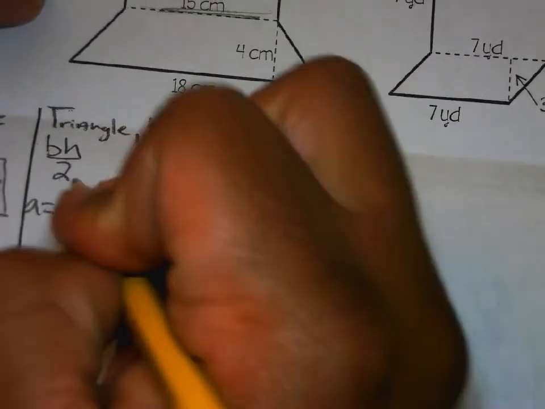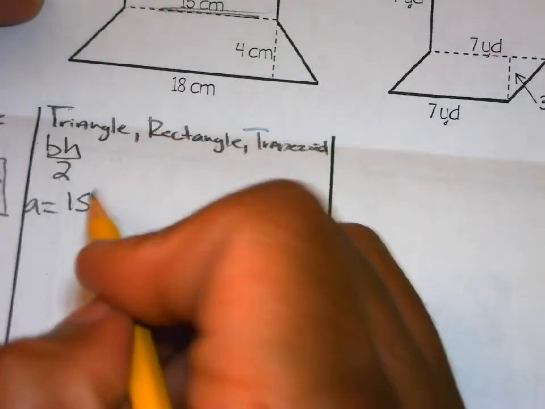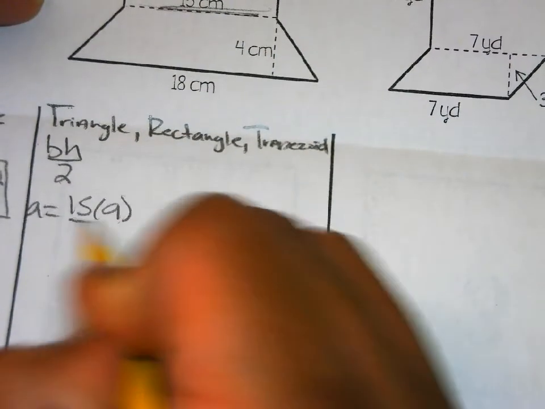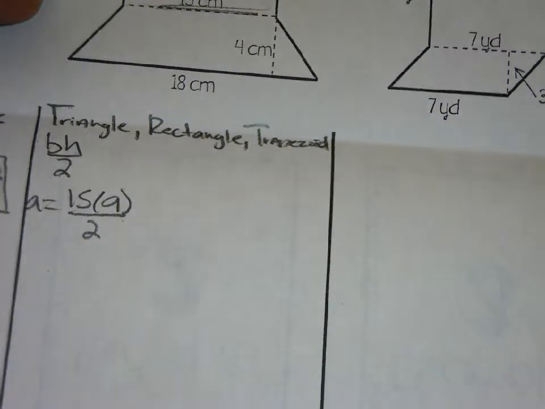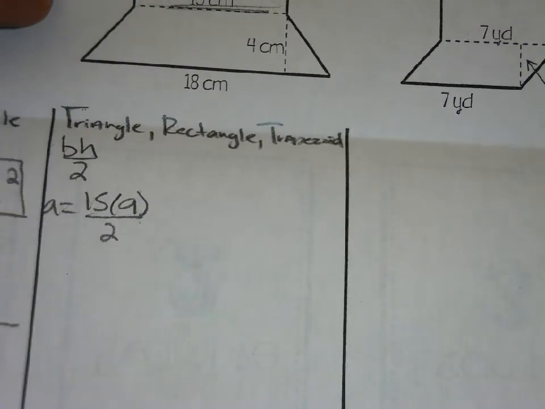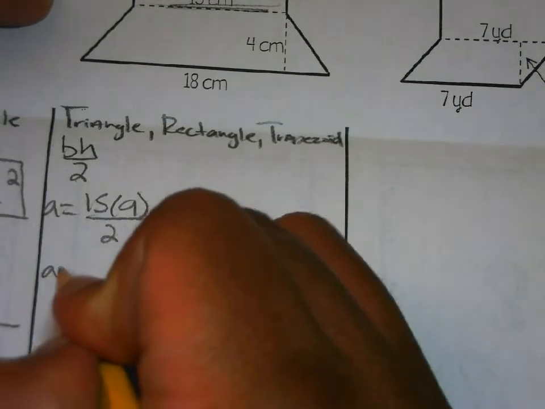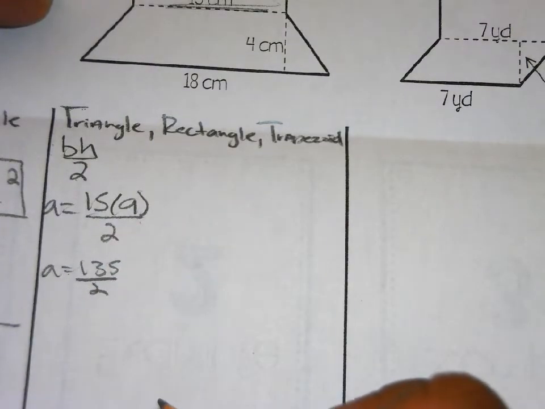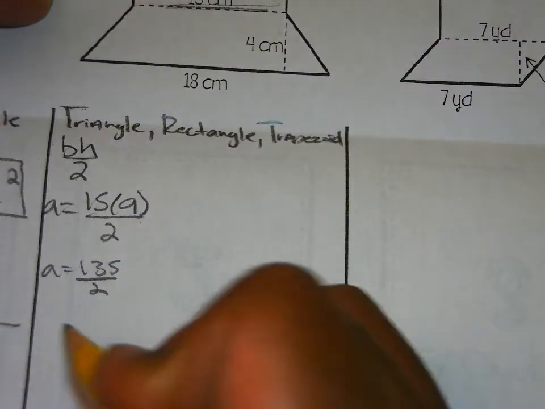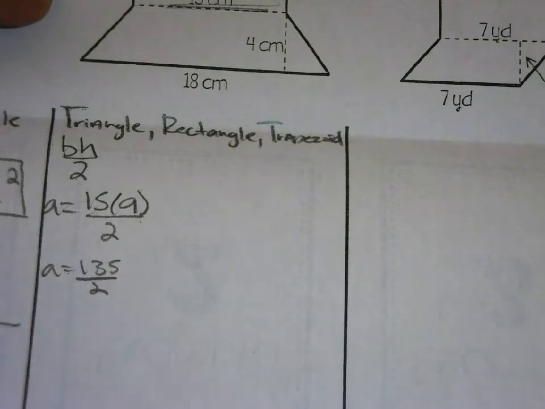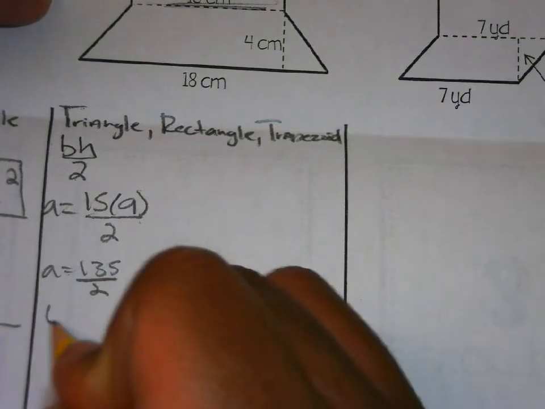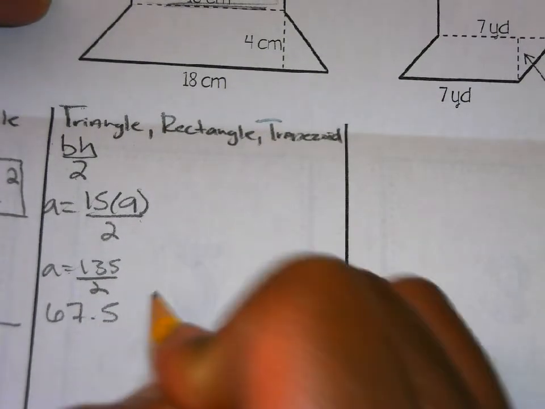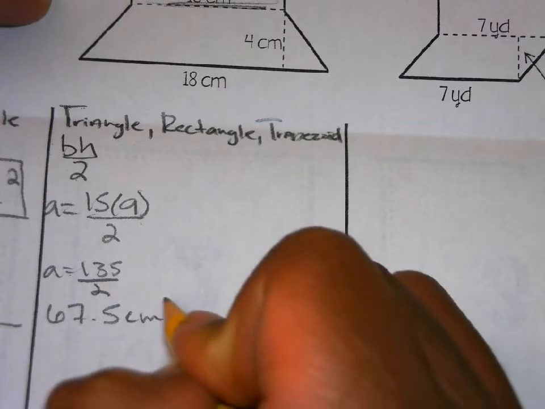So it's 15 times 9 divided by 2. What's 15 times 9? 135. So area equals 135 divided by 2. What is that? 67.5. Okay, so area equals 67.5 centimeters squared.